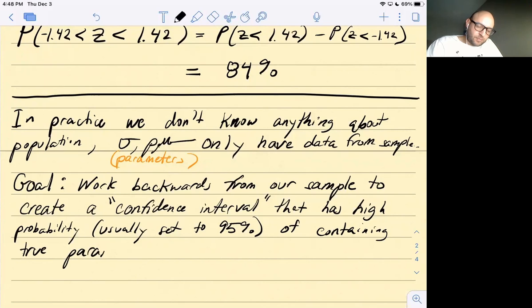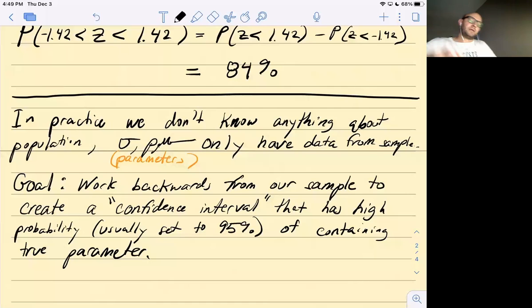So basically the main idea is we take our data, we observe something, and we say, based on this observation, I'm going to do a calculation, and I can tell you that I think the true proportion or the true mean has a 95% chance of being in this given interval that I'm going to construct.